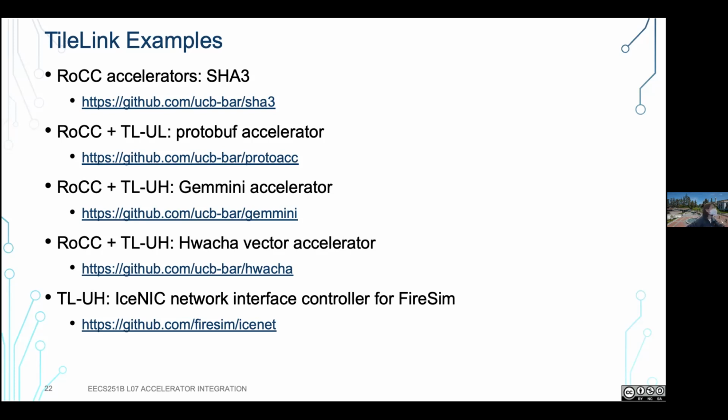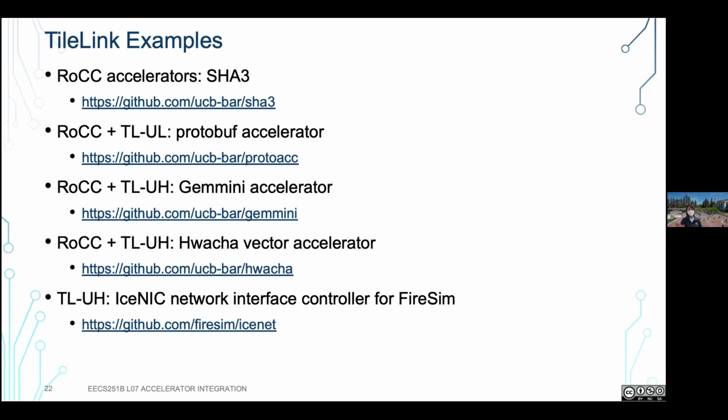All of our designs are uncached because coherence is not that important for those very coarse grain computations. Interestingly, protobuf is doing a more lightweight design, while for both Gemmini and Hwacha, because we need bursty traffic support, we're doing a more heavyweight design. But both are a combination of RoCC and TileLink.